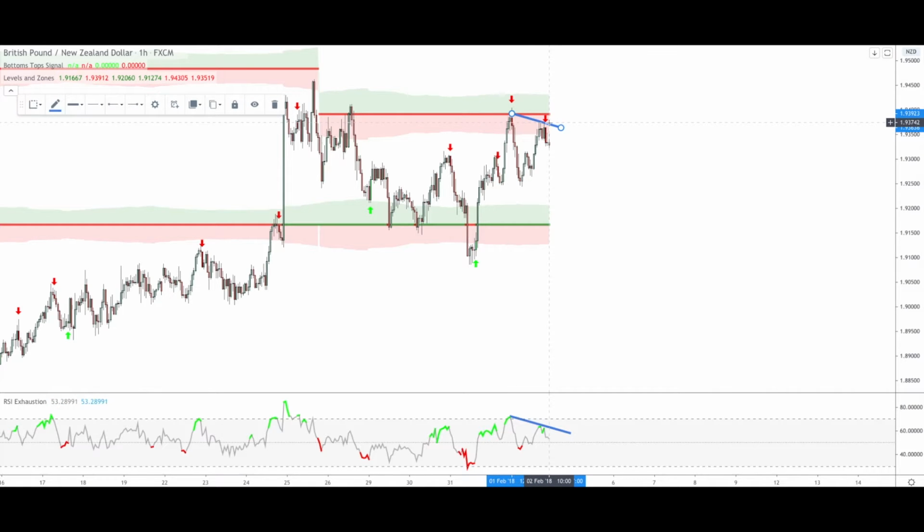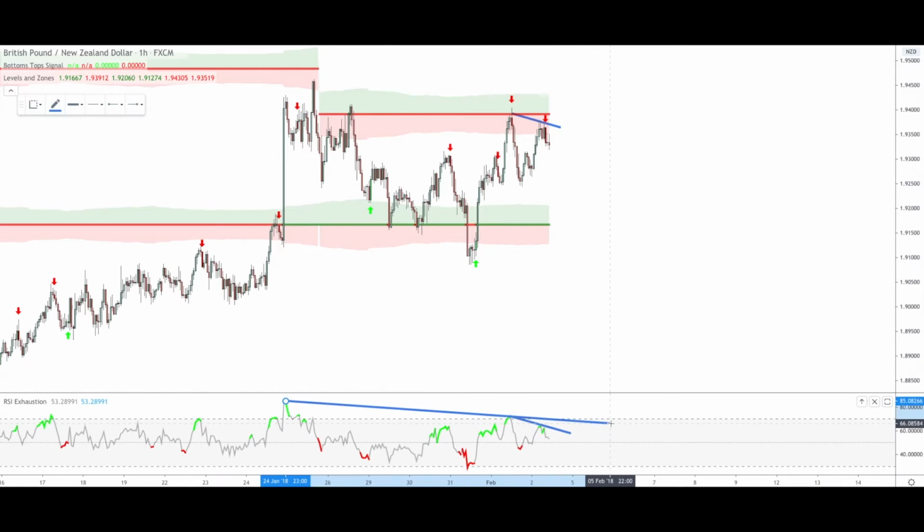But bear with me. So we don't have divergence here. The point is that if we have a bigger look, we have the RSI, which goes down here, and the price, except for this very short upward movement, is pretty much flat at this level here.